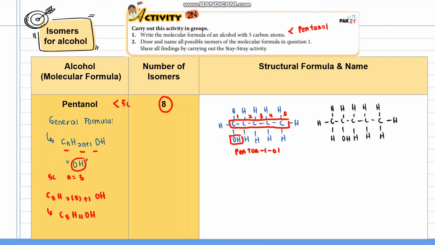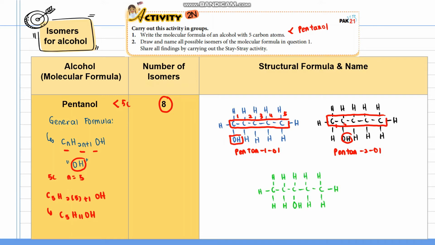Of course, we can switch the position of the hydroxyl group to the next carbon. For the second case, we move the hydroxyl group to the second carbon, so we name it pentan-2-ol. Again, the longest carbon chain is still 5. Another case is we can move the hydroxyl group to the third carbon. This is the first carbon, second carbon, third carbon, fourth, and fifth.